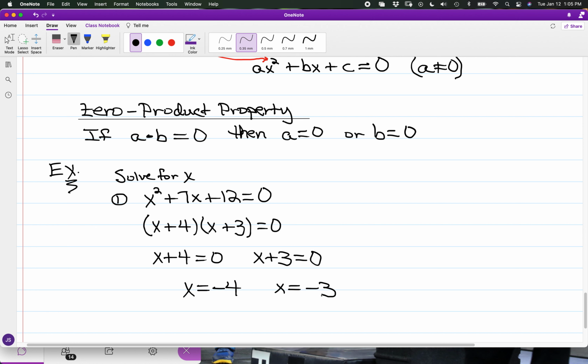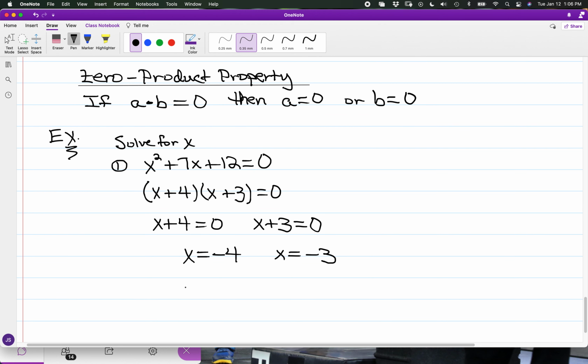Likewise, if I test negative 3, the square of negative 3 is positive 9. 7 times negative 3 is negative 21. 9 plus negative 21 is negative 12, plus 12 is equal to 0. So both of those values check out. There are two possible values for x, and both of those are negative: negative 4 and negative 3.